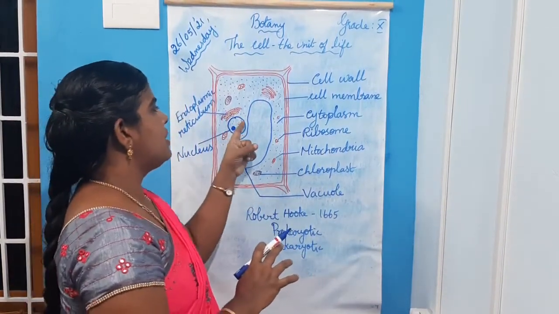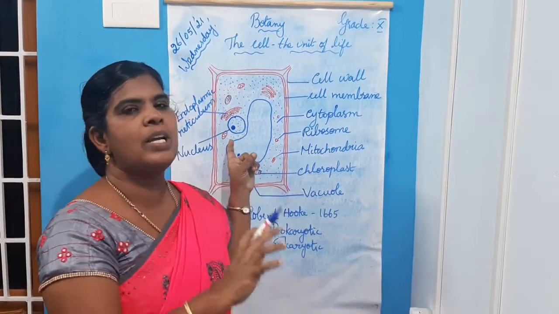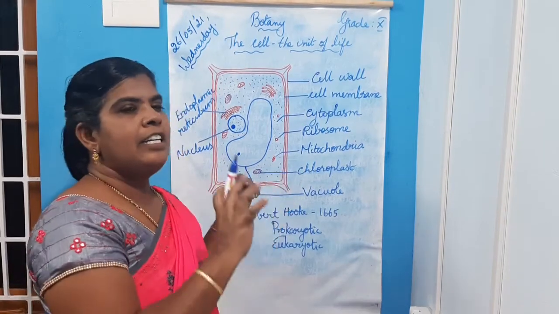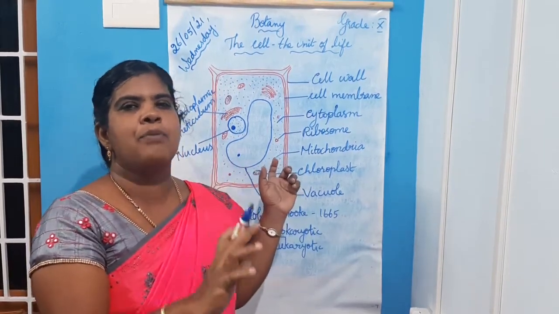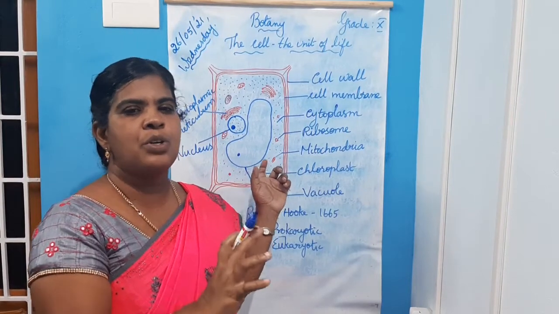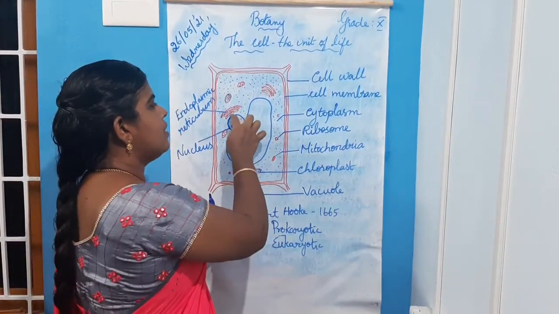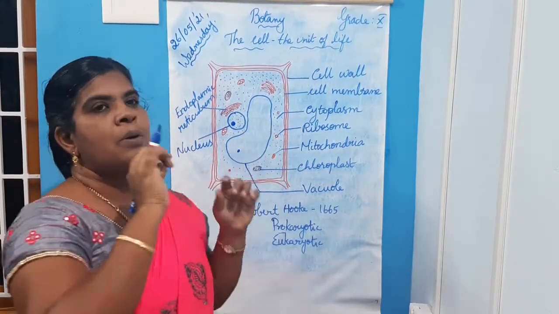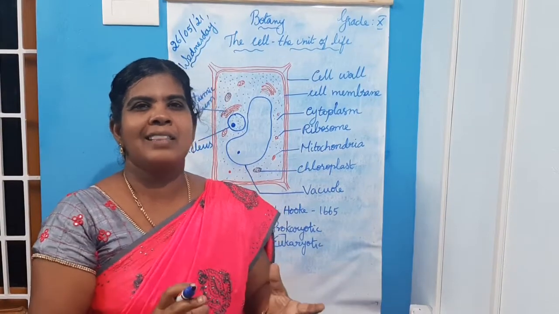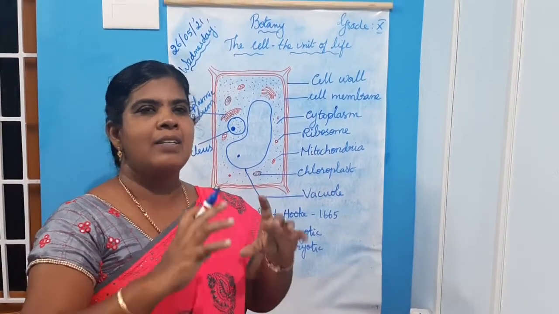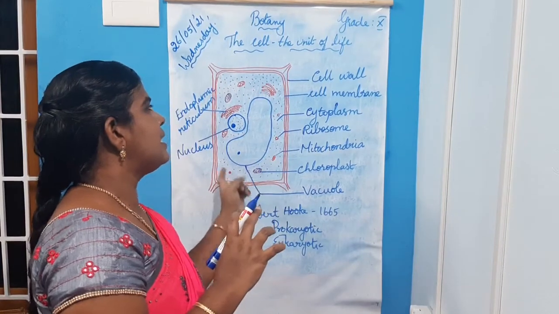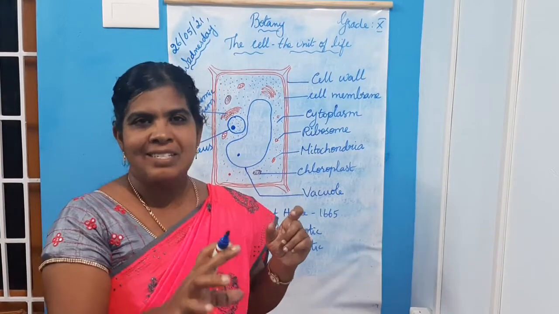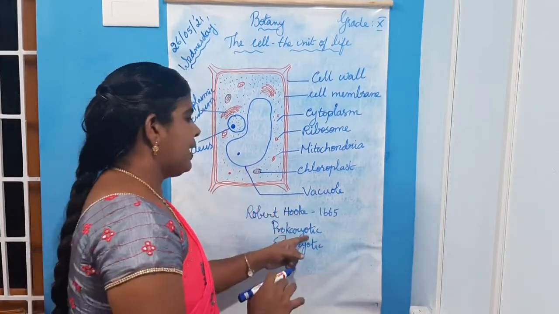You know the nucleus is the controlling center of the cell. Nuclear membrane means the nucleus is surrounded by a membrane. So cells which lack the nuclear membrane, and whose organelles present inside the cytoplasm are not bounded by a membrane, are said to be prokaryotic.